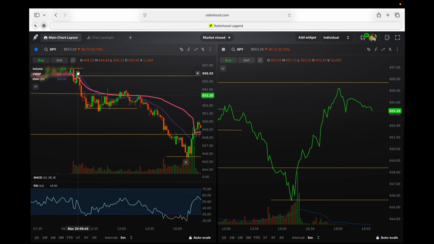This red candle here was the beginning of it. We came down on the second red candle. The third red candle is where you're getting price confirmation, where it says that three red candles in a row, we normally continue that downtrend.